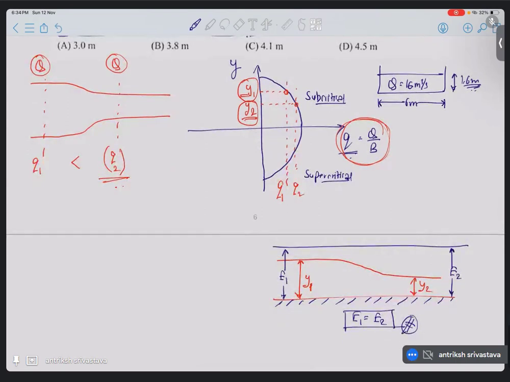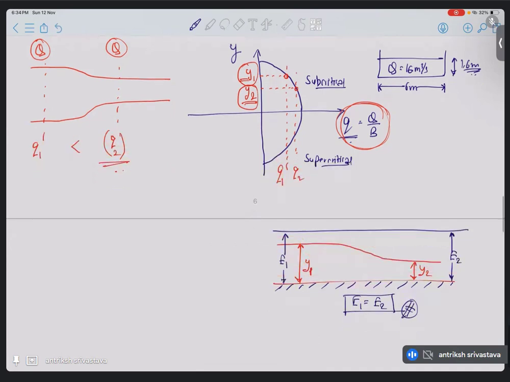Okay, now using this information, one more thing before we go into the question. They have asked us to calculate this B minimum. That means at this B minimum, y2 is just going to touch the yc, that is the critical depth. But what happens if this B is less than B minimum?